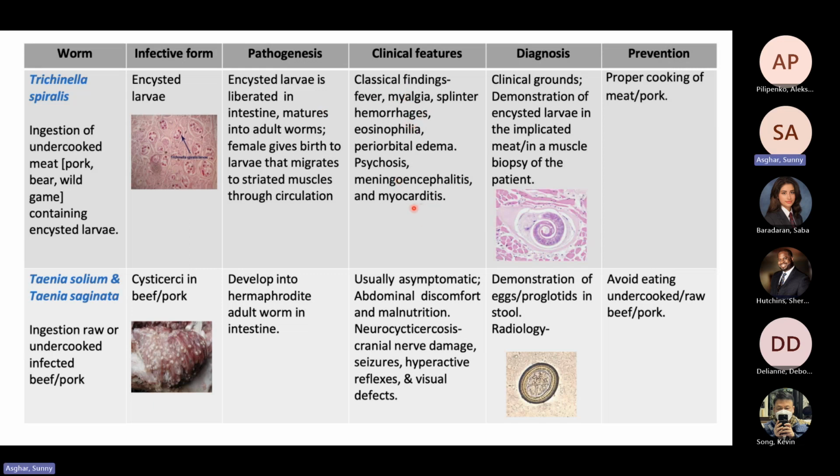So for its features, we're going to see myocarditis, which is one important thing since it's going through the muscles. We're also going to be seeing splinter hemorrhages, and eosinophilia.